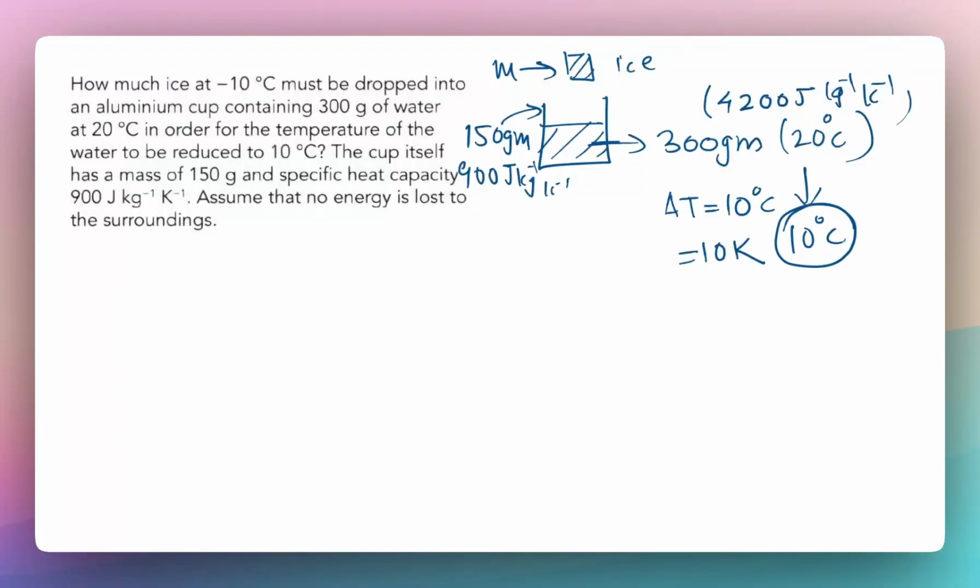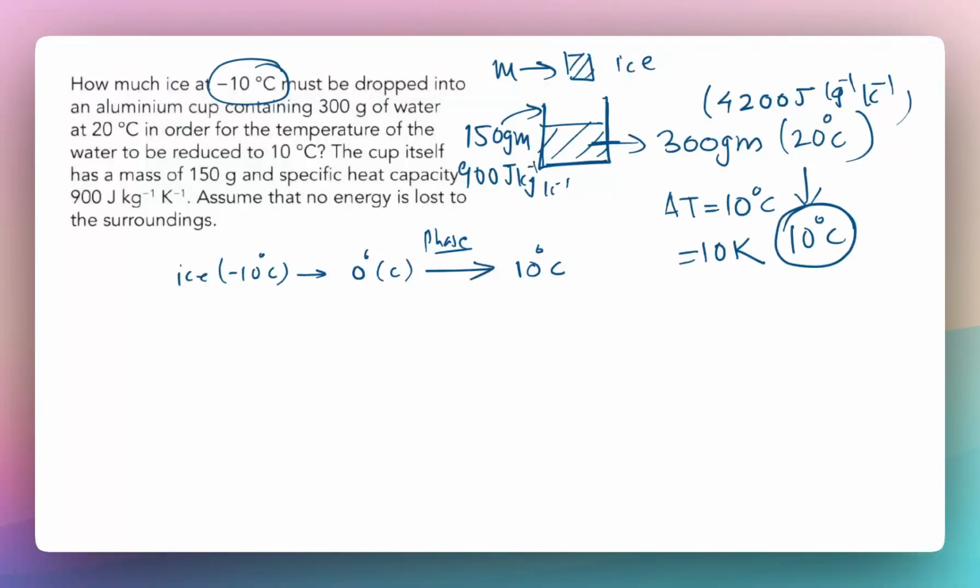So this ice is going to be dropped into this water and is going to melt and again form water. But before the ice actually converts itself into water, it has to go through the transformation of phase. So the ice, which is at minus 10 degrees Celsius, will come to 0 degrees Celsius, and then it will undergo the phase transformation to water, and then the temperature will rise to 10 degrees Celsius.